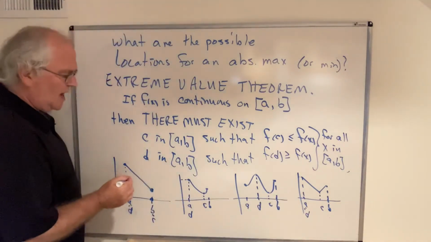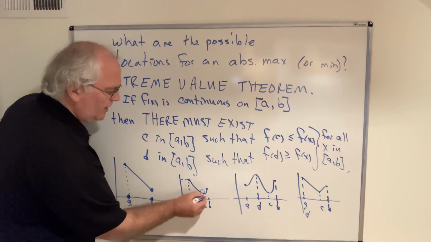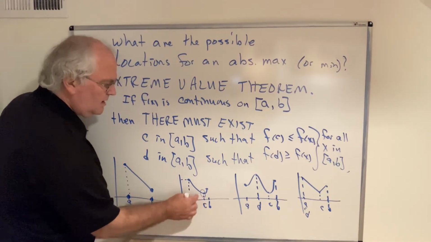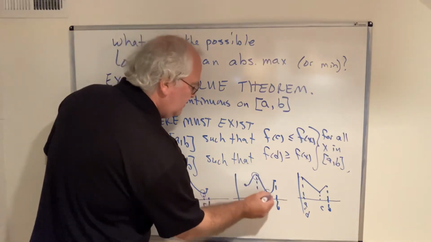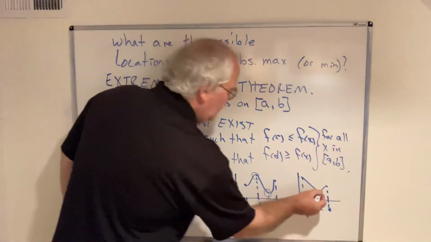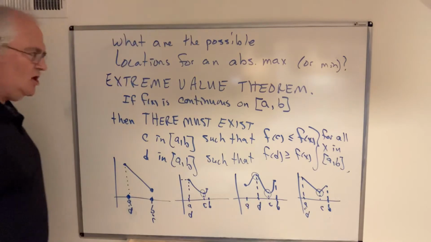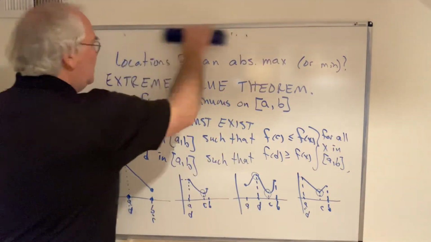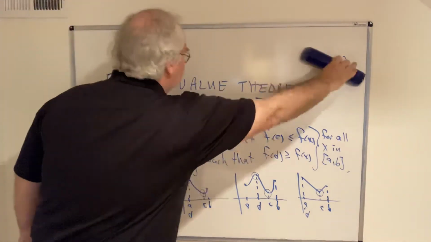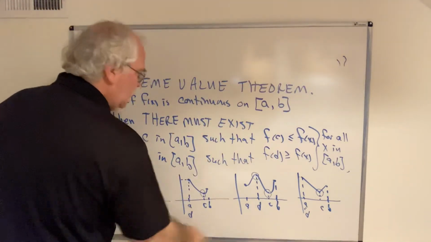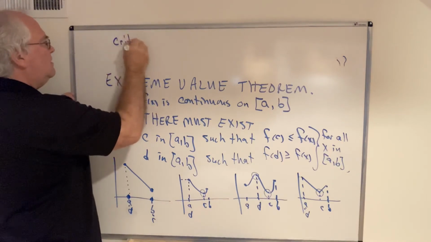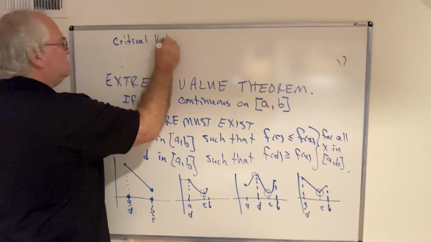Now, another piece of terminology. Each of these points, those values, has a special piece of terminology here. There's a terminology for everything. Each of those is called a critical value.